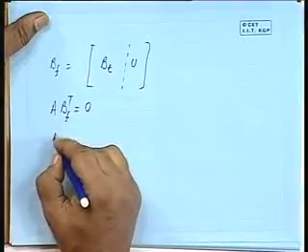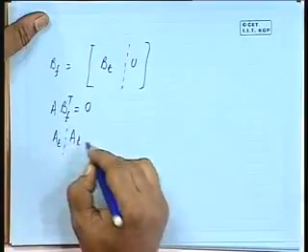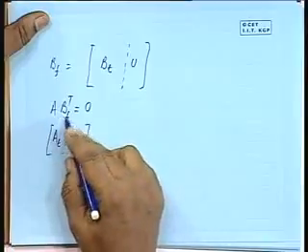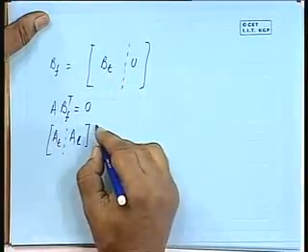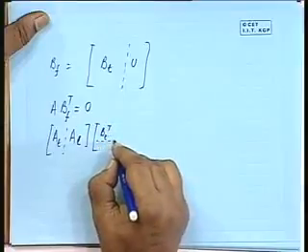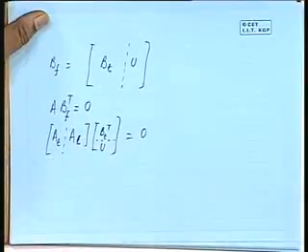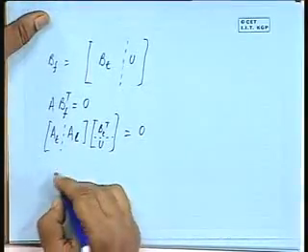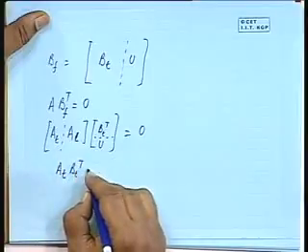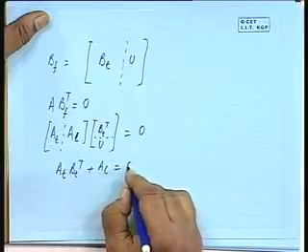I can write A as AT, AL, partition it into two submatrices. BF transpose, if I take the transpose of this, so AT BT transpose plus AL is equal to 0.